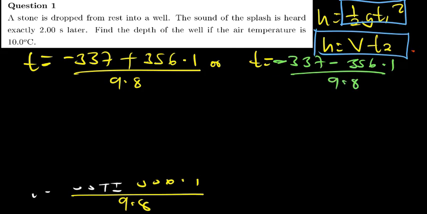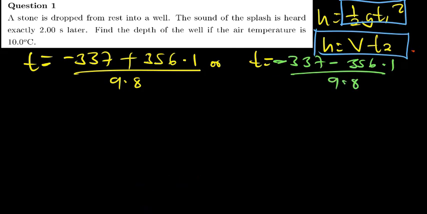Okay, so what will be the value for t? I'll just do it direct. So it will be negative 337 plus 356.1. I'm getting 19.1. 19.1 divided by 9.8.